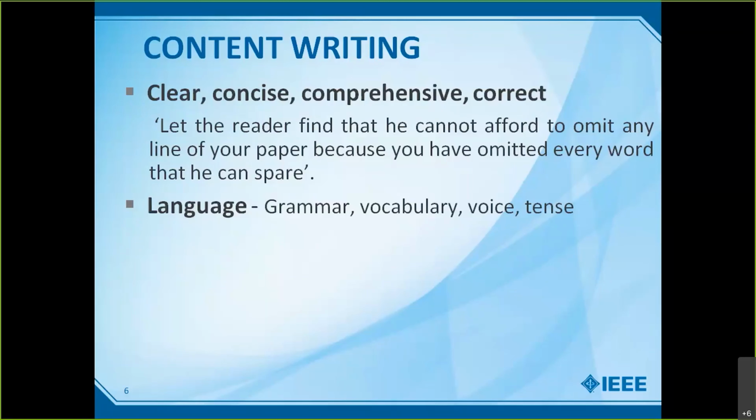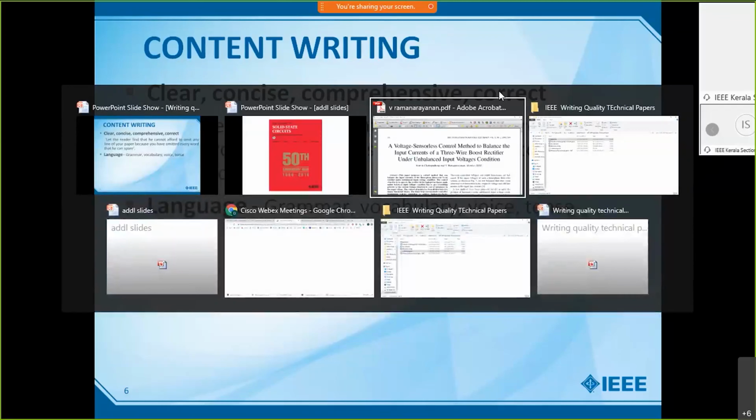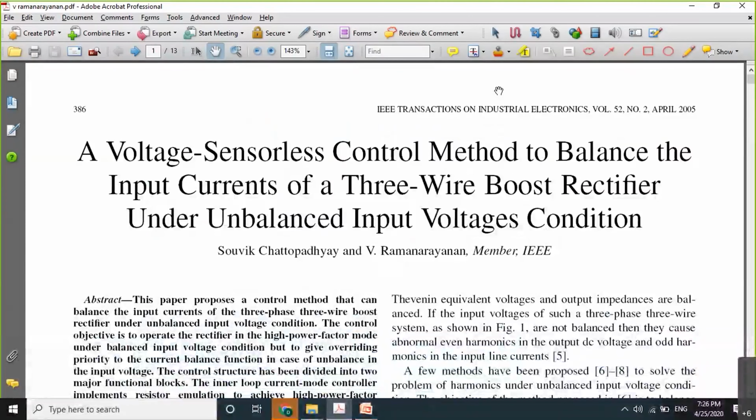Now, if I show this is a paper from industrial electronics, IEEE Transactions on Industrial Electronics. See, this is volume 52. That means it has been running for 52 years. Getting a paper in this is indeed a dream come true.